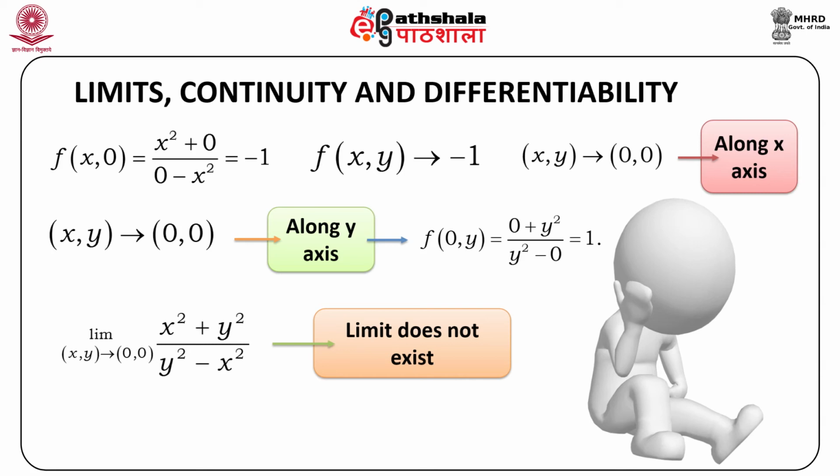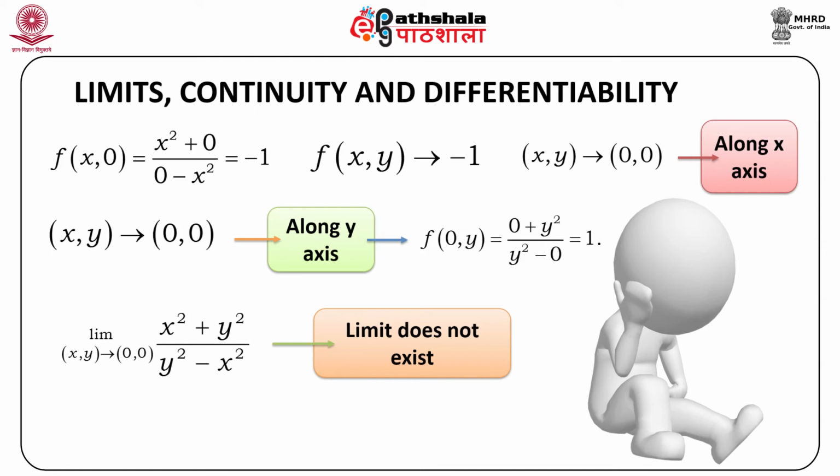That is, f(x,y) tends to -1 as (x,y) tends to (0,0) along the x-axis. Similarly, as (x,y) tends to (0,0) along the y-axis, then f(0,y) is equal to (0 + y²)/(y² - 0), which is equal to 1.